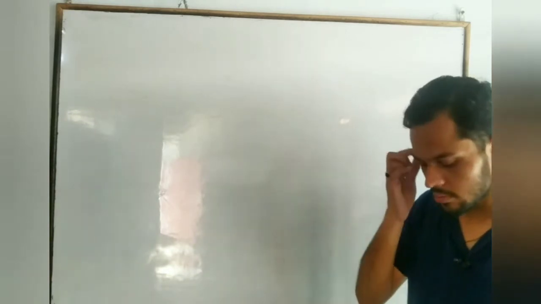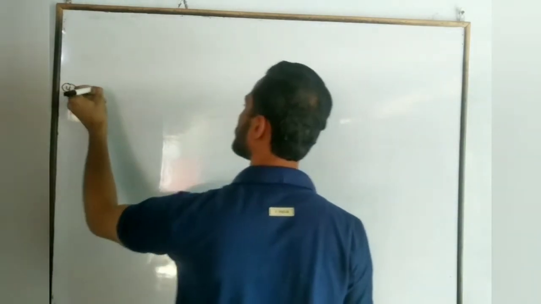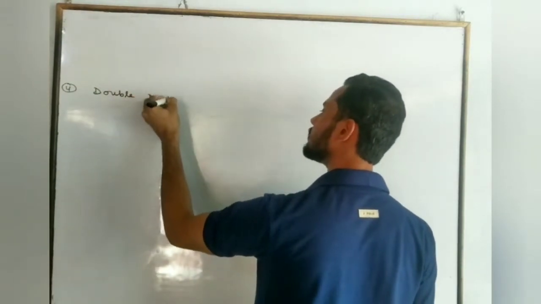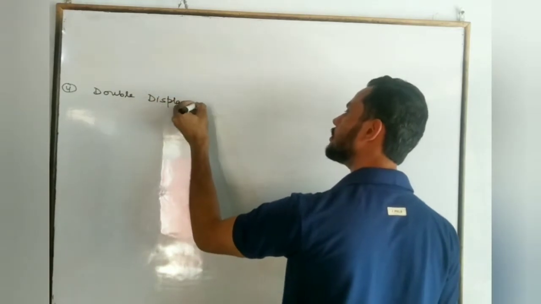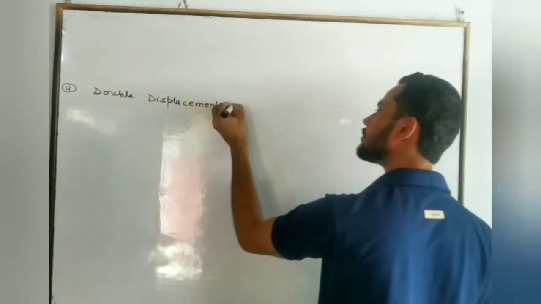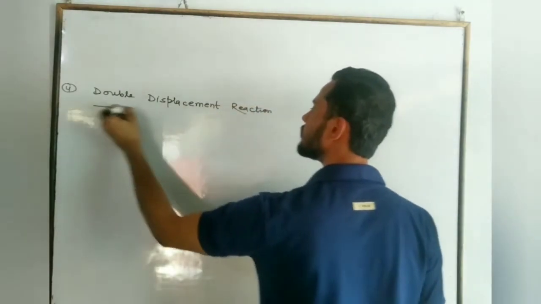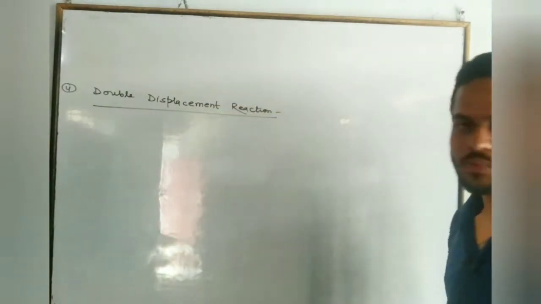Okay, so the fourth type of chemical reaction is double displacement reaction. So what is double displacement reaction?